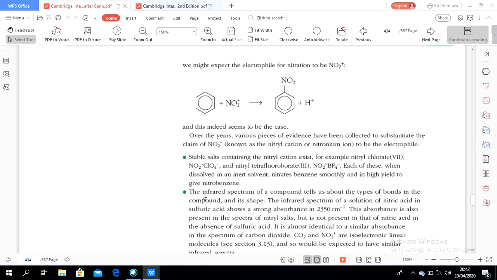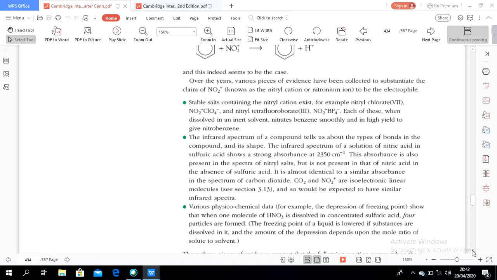And then the infrared spectrum of a compound tells us the type of bond in the compound and its shape. The infrared spectrum of the solution of nitric acid in sulfuric acid shows a strong absorbance at 2350 per centimeter.